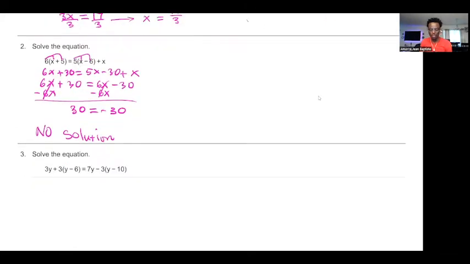Next problem, same thing as the previous one. We're going to distribute whenever there is a parenthesis with a coefficient on the outside, because we want to simplify and cancel the parentheses. So 3y, distribute the 3 here, that's plus 3y minus 18 equals the 7y, and you distribute the -3 over to everything inside of the parentheses.